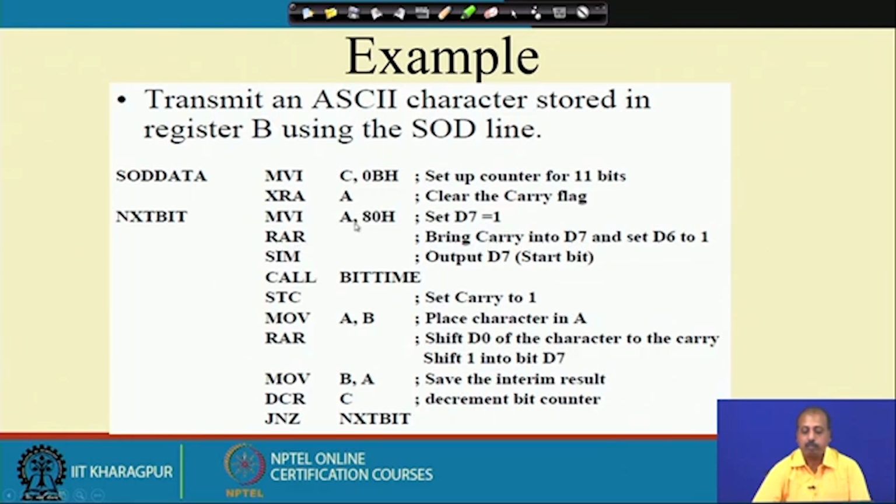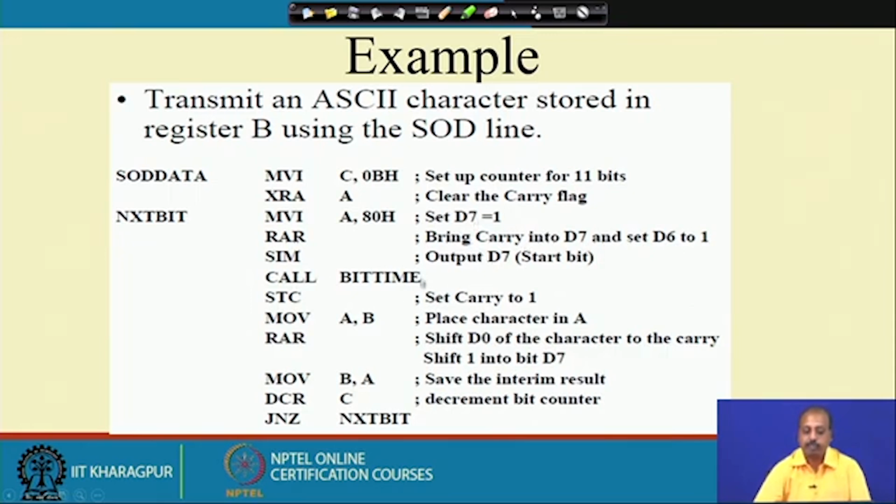This will bring the carry bit from the carry flag into the D7 bit, and the D7 bit will get shifted to the D6 bit. So, the D7 bit will act as the start bit and the D6 bit will be the setting of the SDE, the serial data enable, and then the SIM instruction. So, this D7 bit 0 will go to the output. So, that will be the start bit.